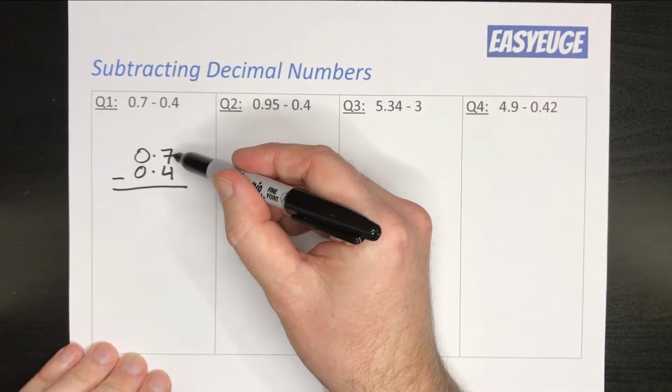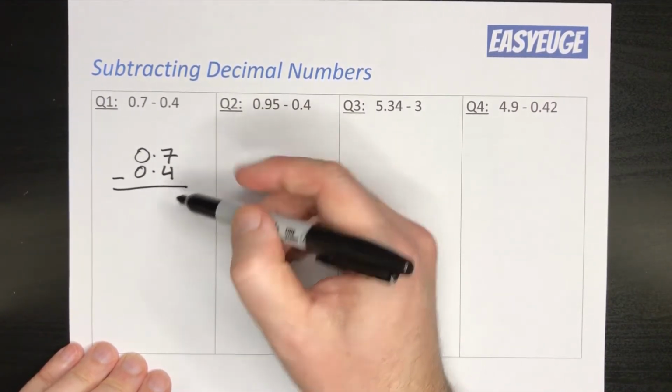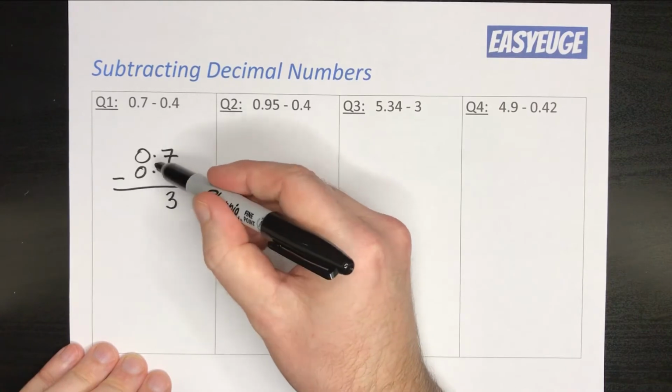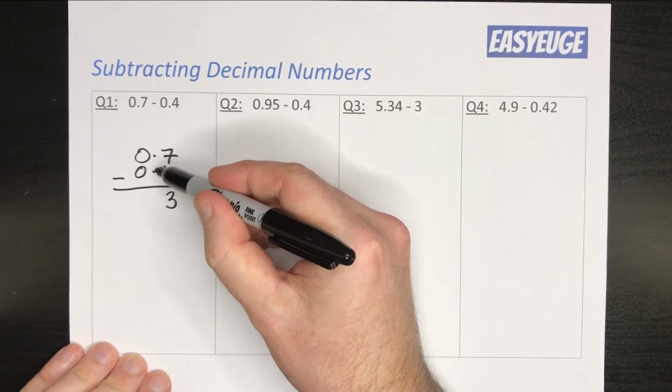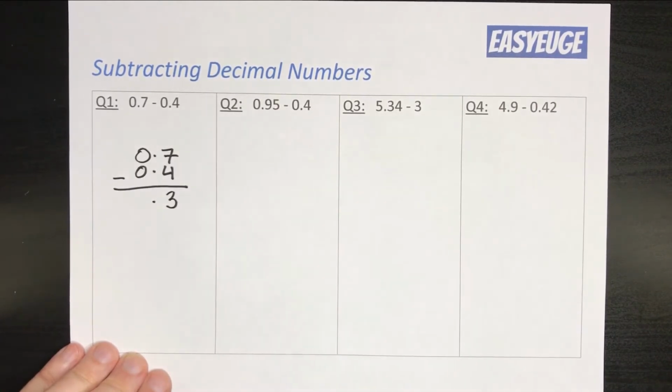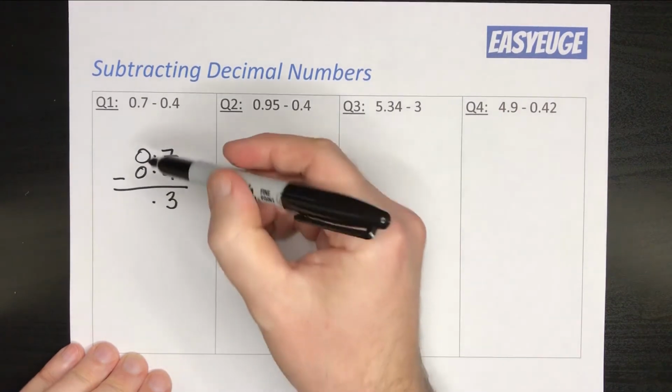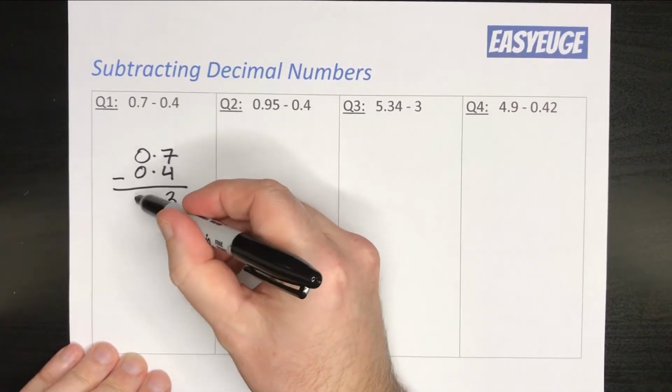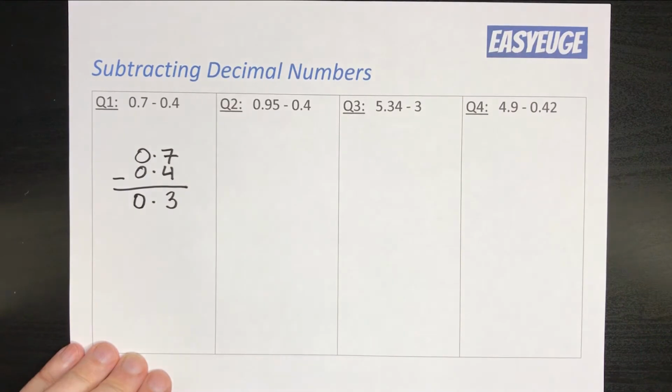So we have 7, take away 4 is 3. The decimal point just moves straight down below the line. That's it right there. And 0, take away 0 is simply 0. So there's our answer, 0.3. Nice and simple, and a great introduction to subtracting decimal numbers.